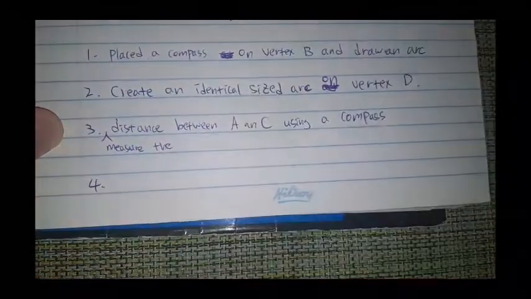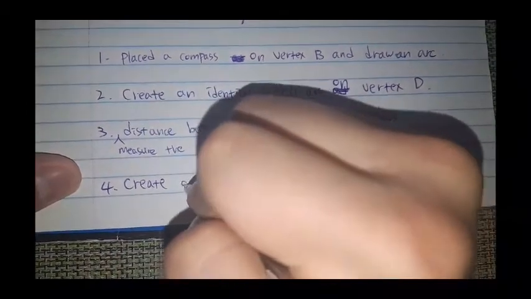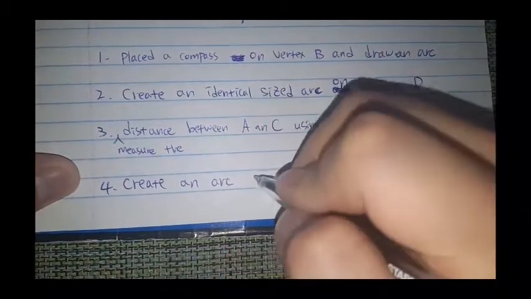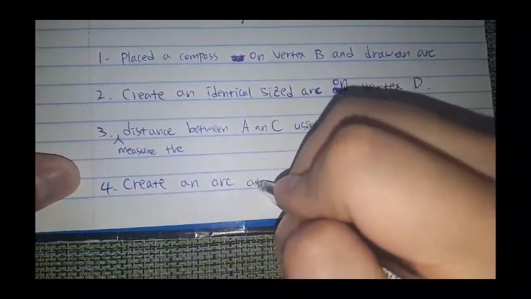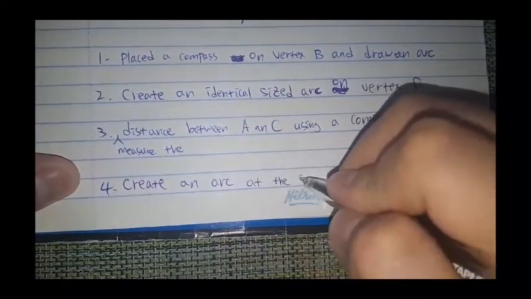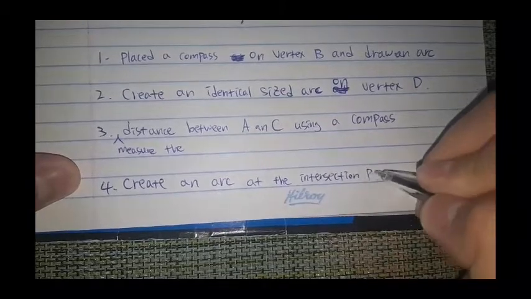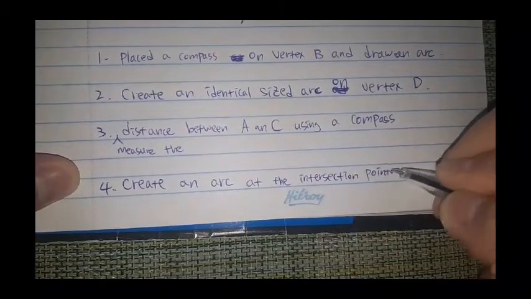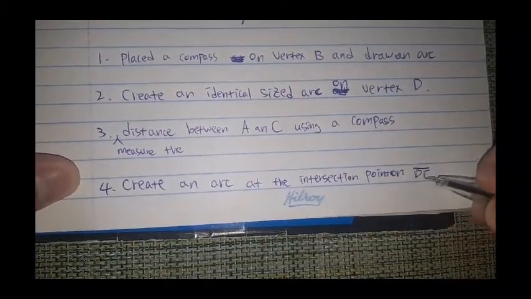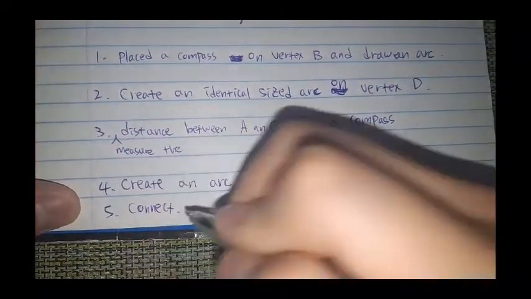Fourth step, create an arc at the intersection point on line DE, and fifth is to connect.